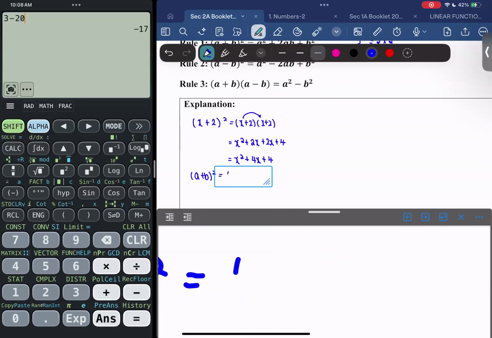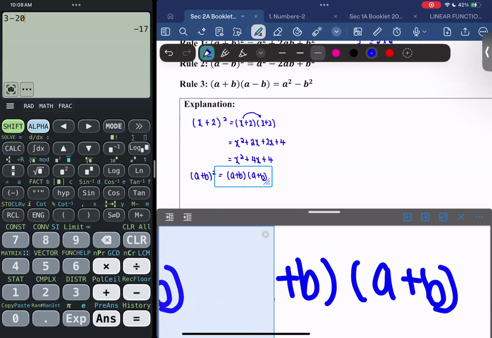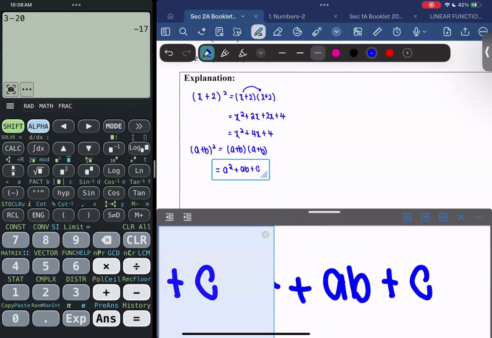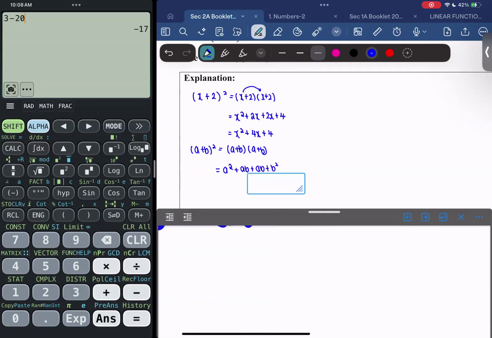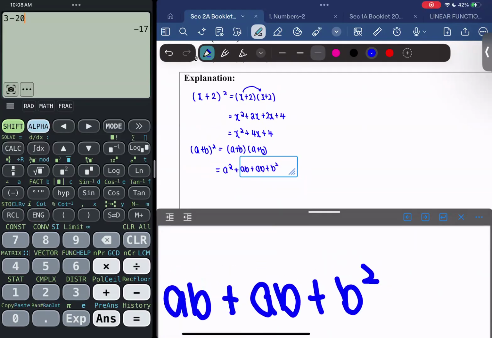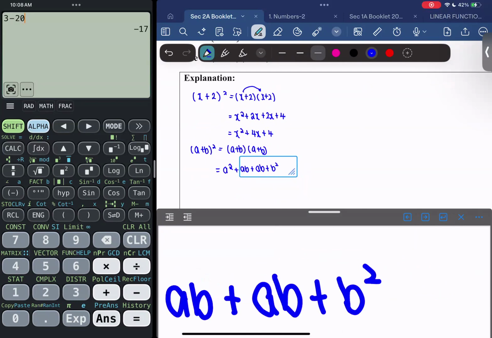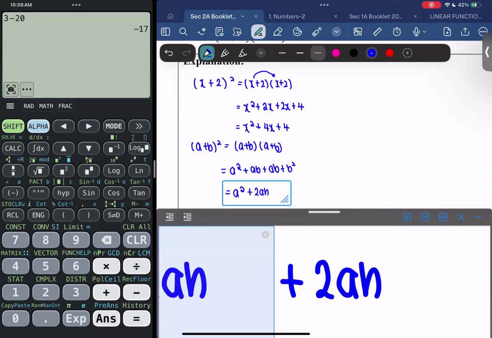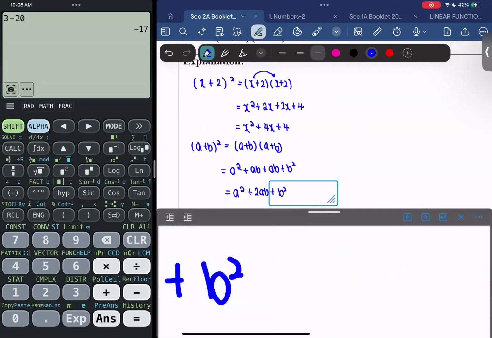When we open up this, it is (A plus B) times (A plus B), right? And when we continue to expand, we have A squared plus AB plus AB plus B squared. When we simplify, this is A squared plus 2AB plus B squared.